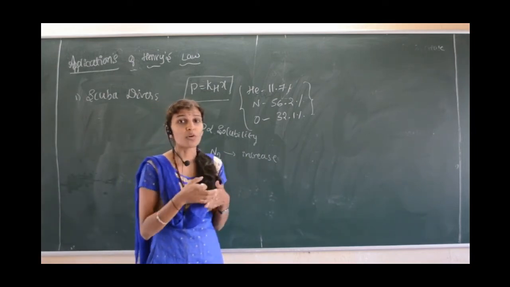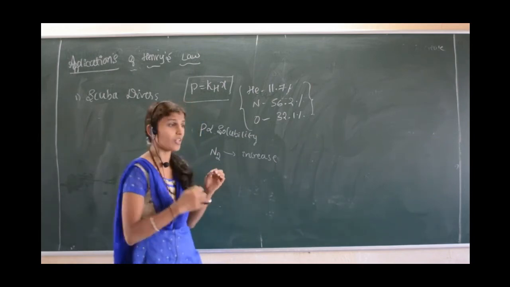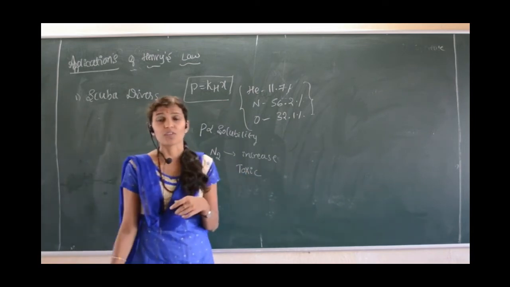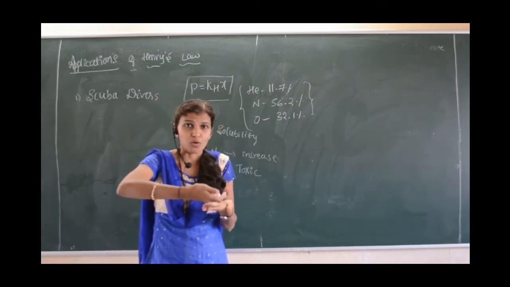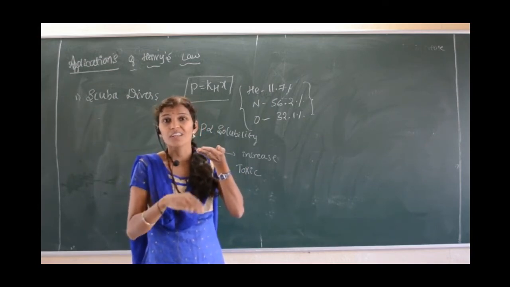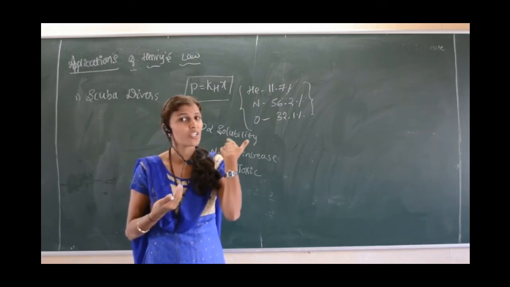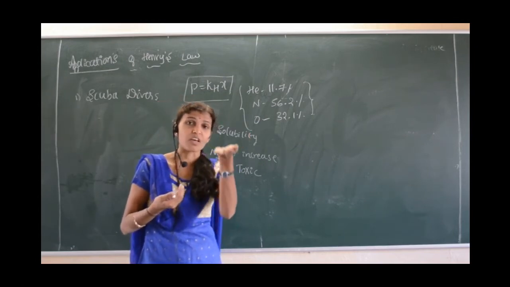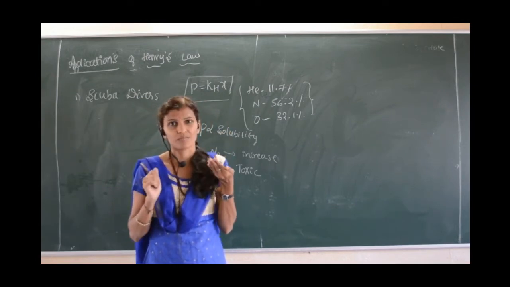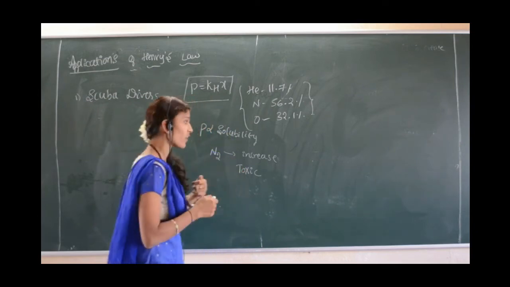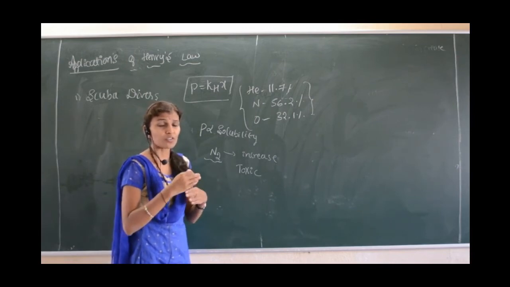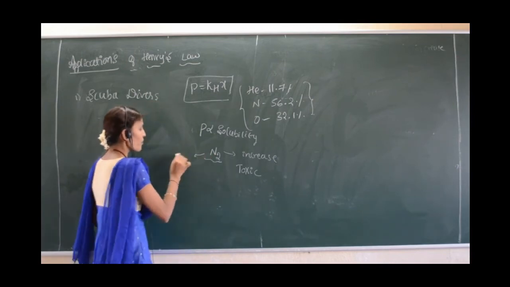So, the more solubility of nitrogen in blood is toxic. And suppose he comes outside the ocean, when he comes up, what happens? The pressure is decreasing. When we go inside, the pressure is increasing. As he comes up from the sea, the pressure goes on decreasing, and the dissolved nitrogen in the blood starts to come up in the form of bubbles.